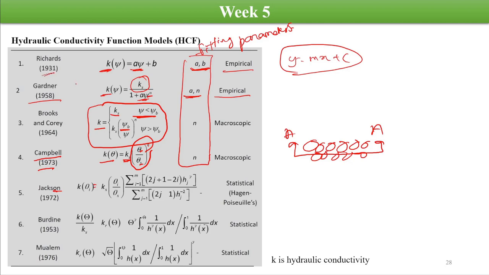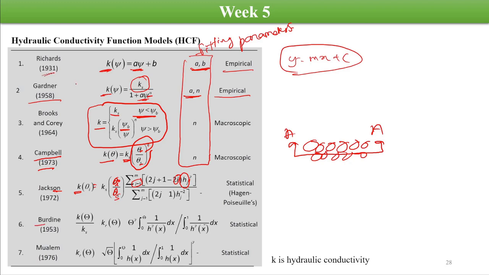The Jackson formula relates the hydraulic conductivity with the value of the volumetric moisture content at a particular point i, and at saturation, and these values J and I are the iteration constants, and Hj is the hydraulic head. We will see how we use these equations to solve.